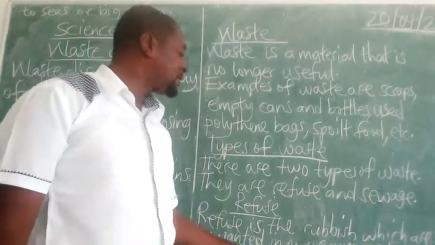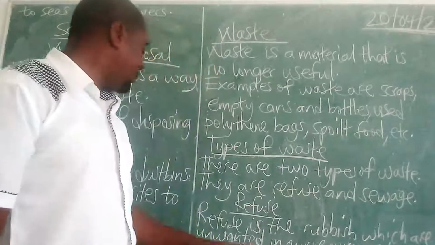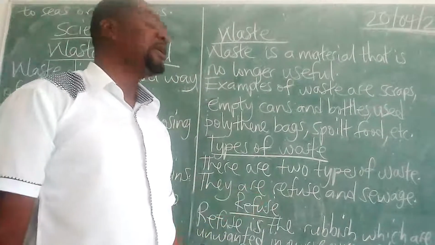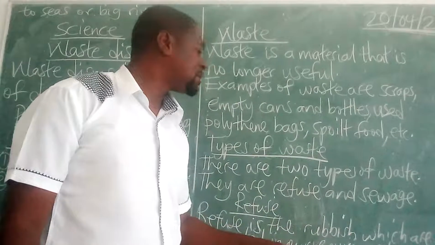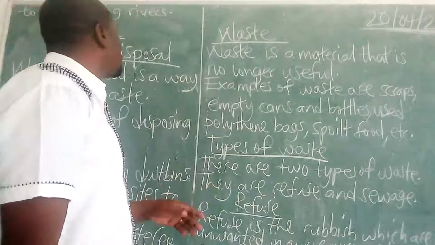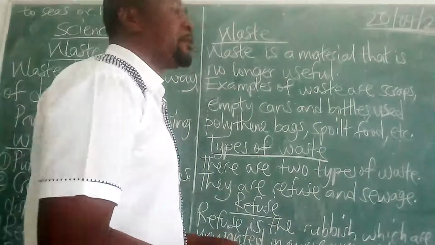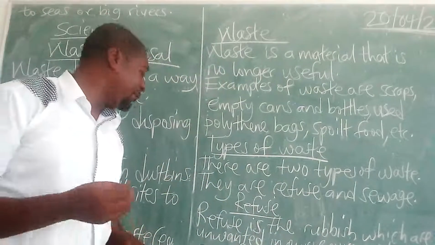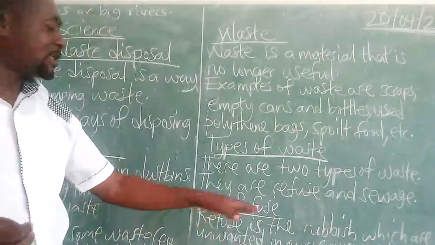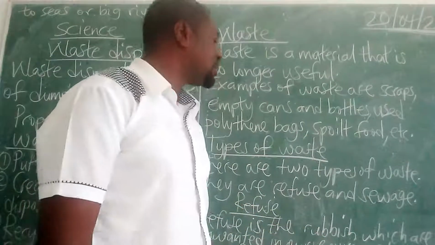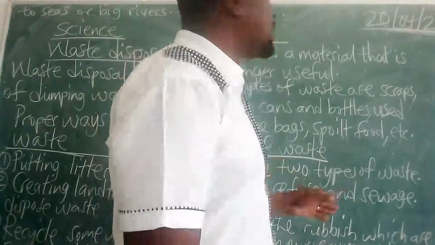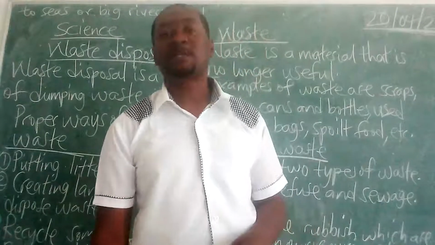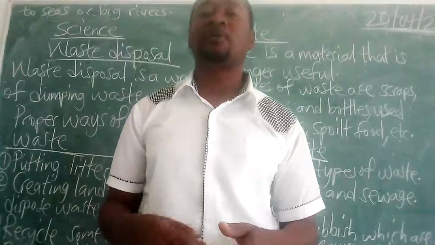Then we have sewage. Sewage is the waste matter carried through underground tunnels from houses or towns to seas or big rivers. Examples are toilet waste and urine.